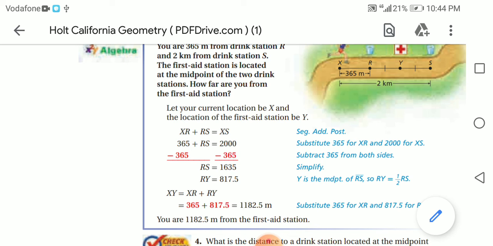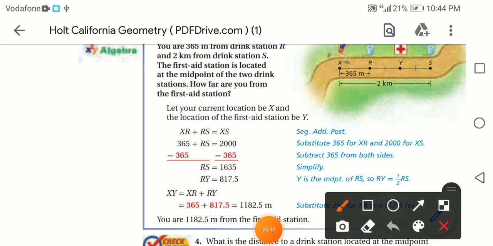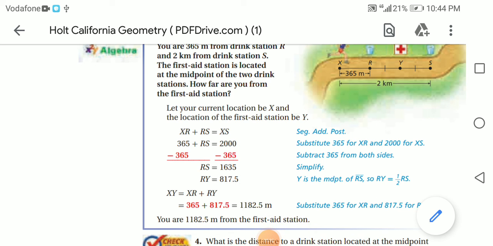Because here we solve for XY equals XR plus RY. After substitution, substitute 365 for XR and 817.5 for RY.